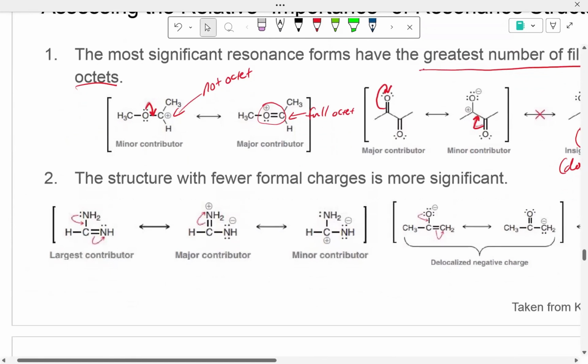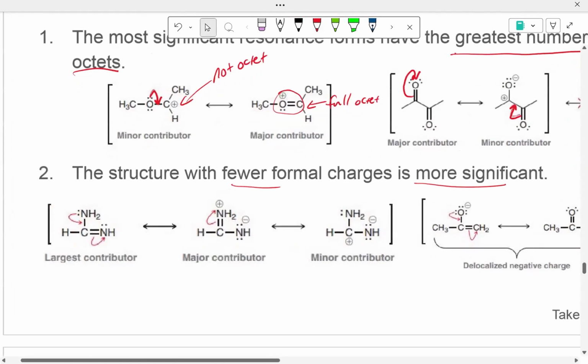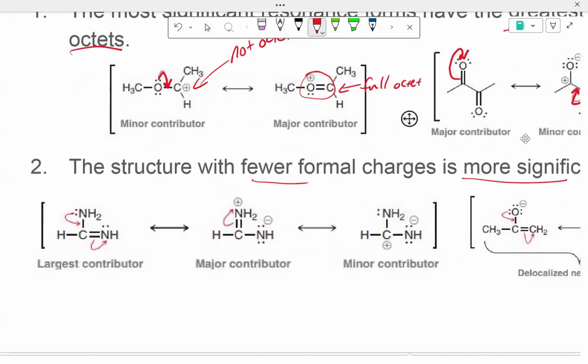Now, the second way we view importance is we look at the structure with the fewest formal charges. That one is more significant. So let's look at this series of resonance forms. Going from left to right, I'm going to move these here and then move these here.